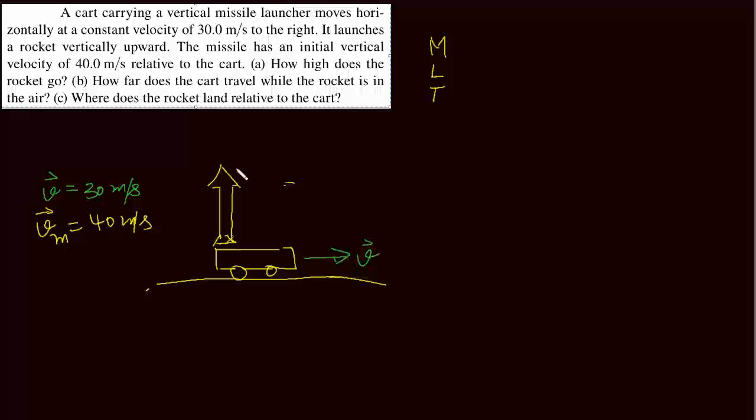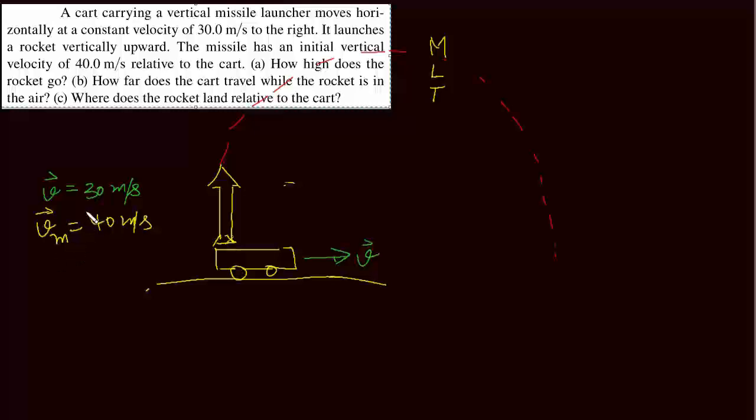Because of these two, the rocket will take a path which will be something like this. And why so? Because the rocket has two components of velocity. One because of the cart, which is in this direction, and one in the vertical direction, which is Vm.